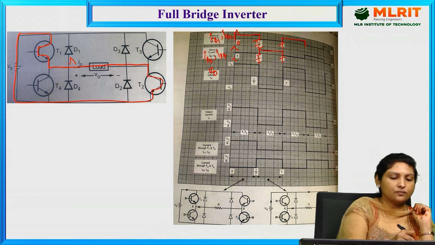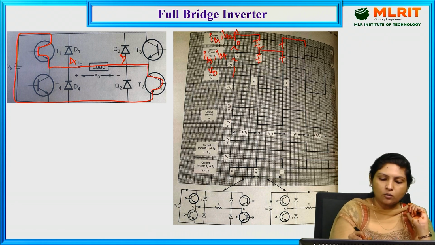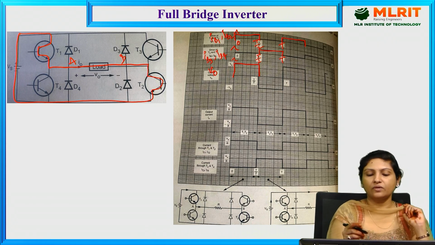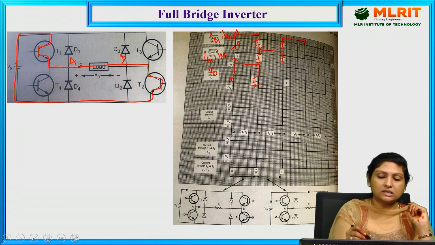Current is flowing from A to B, which means the positive half cycle of the output voltage waveform is controlled. As long as we provide the base drive, there is an output voltage across the load from 0 to T by 2, with magnitude Vs applied.